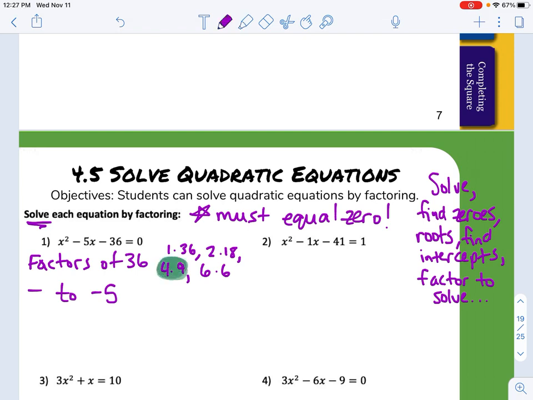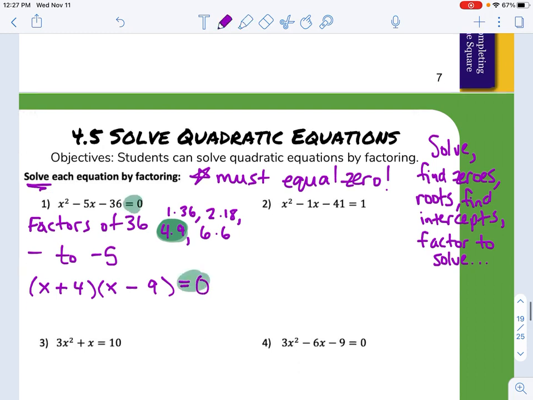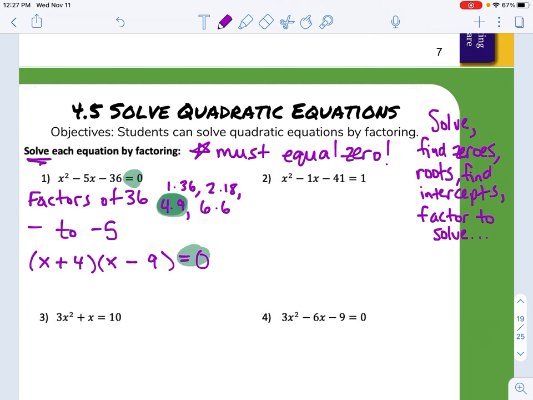So go ahead and put those within a parenthesis set. And then we need one of them to be negative and one to be positive. If we are subtracting to -5, we need to take 4 minus 9 and get -5. And then bring down the equals 0. From here, this is the only new part.